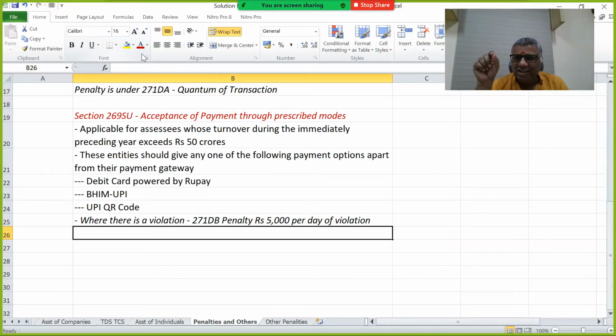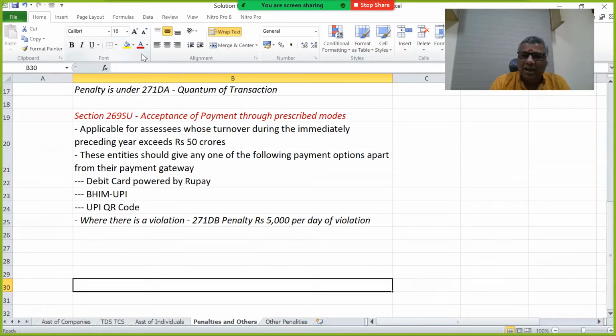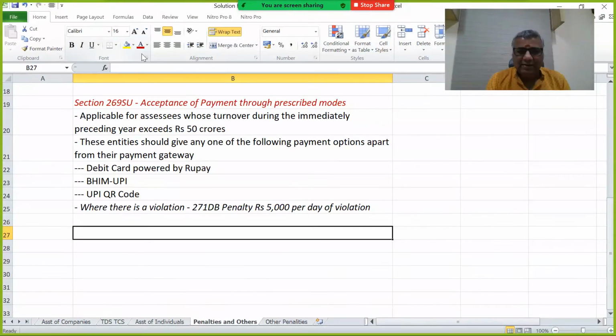However, in this case, if genuine reasons are shown, not in 269SS, not in 269ST, but here, if you show genuine reasons, they will waive this penalty, but you are supposed to maintain this.